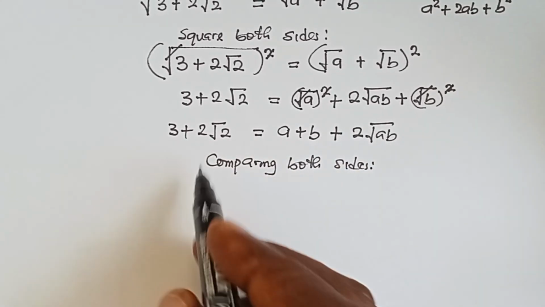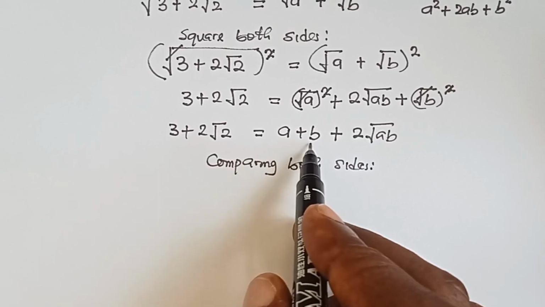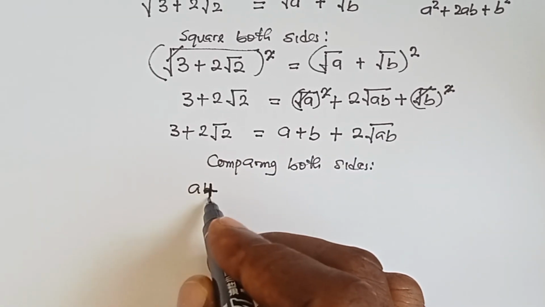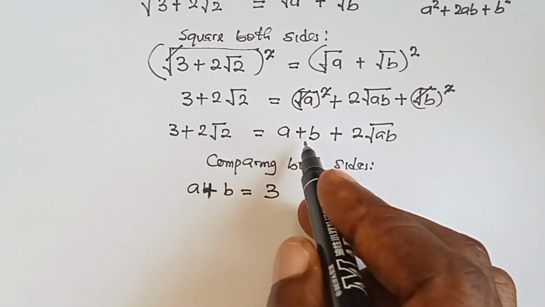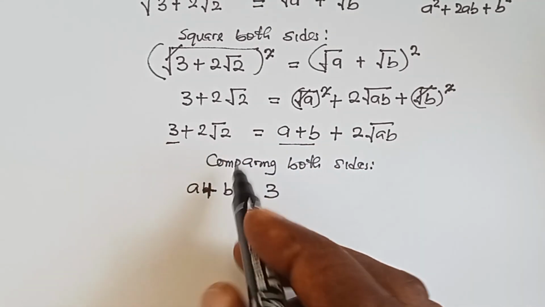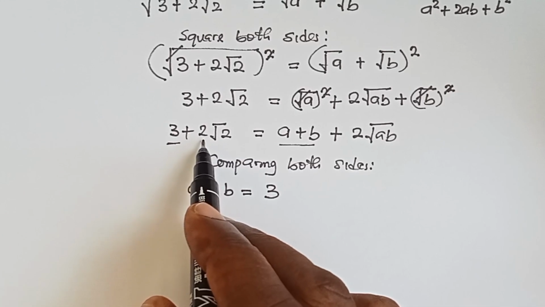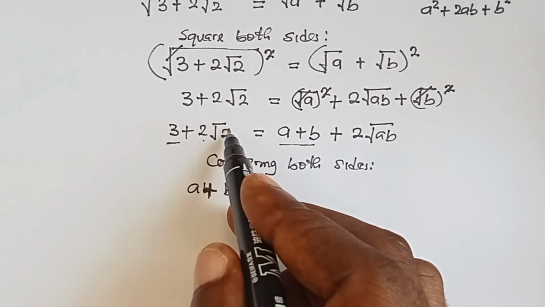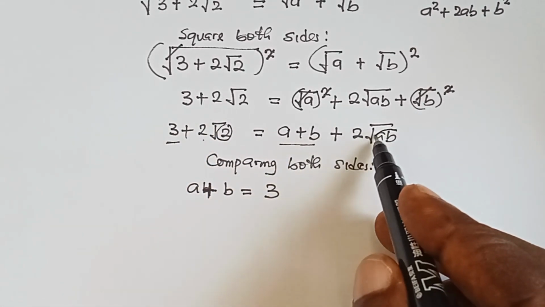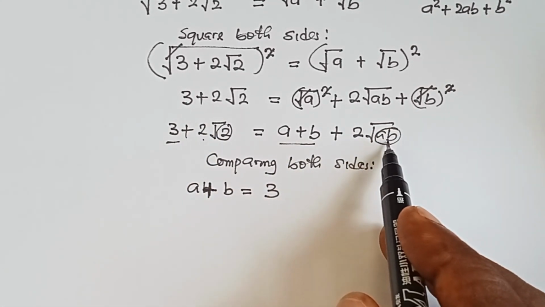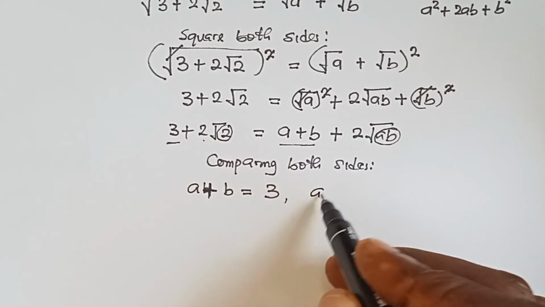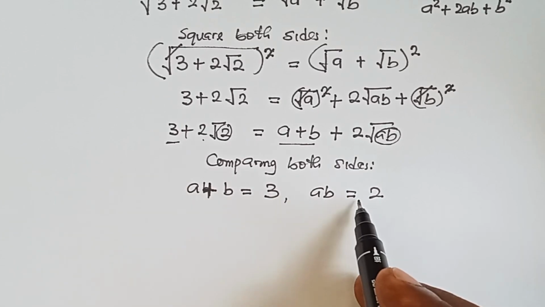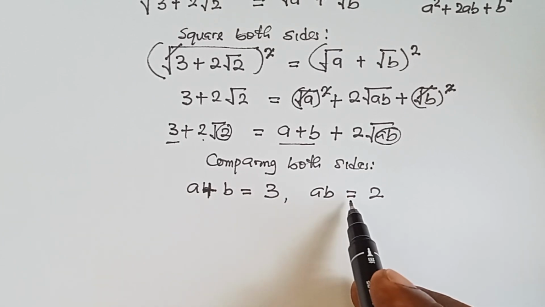When we compare both sides, 3 equals a plus b, and that gives our equation 1: a plus b equals 3. And then we have 2 root 2 here and 2 root ab there. That means this 2 is this ab, so ab equals 2. We call this equation 1, and this equation 2. Then we solve this simultaneously.